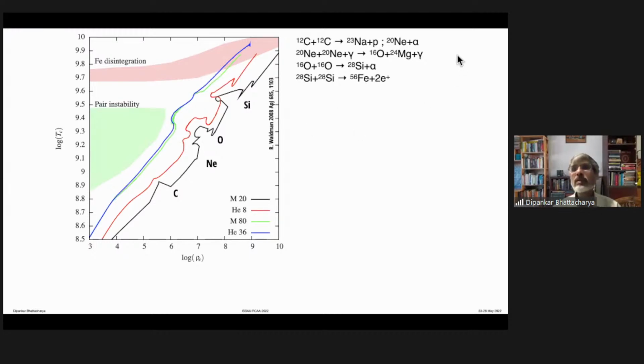So we have these different processes which give rise to different stages of products.